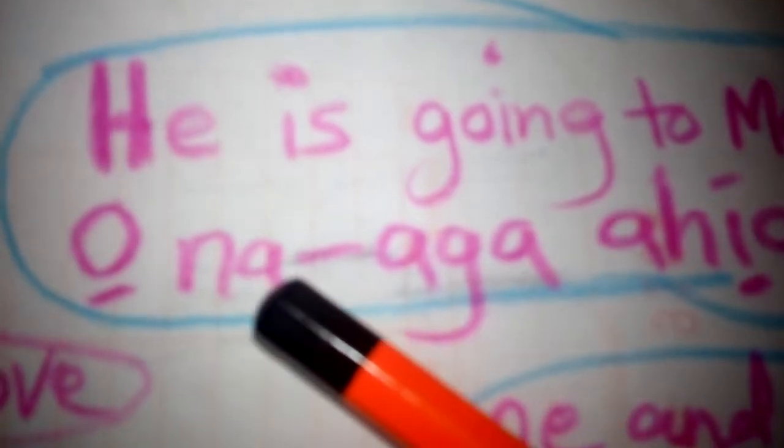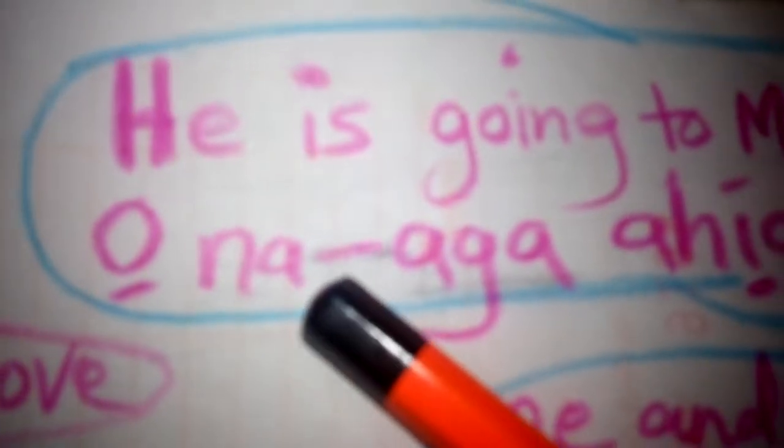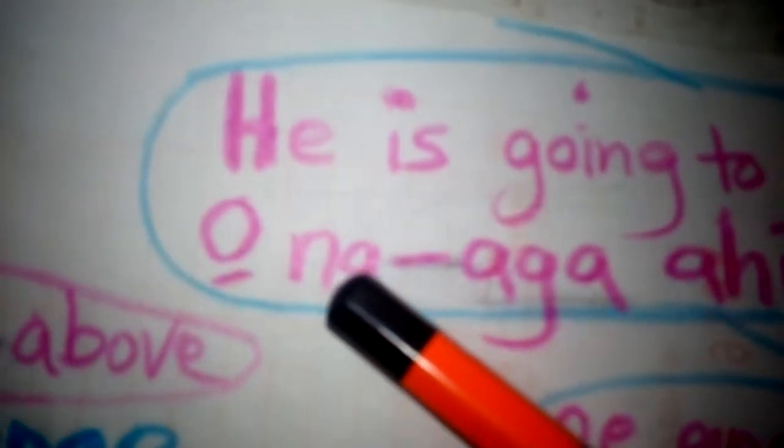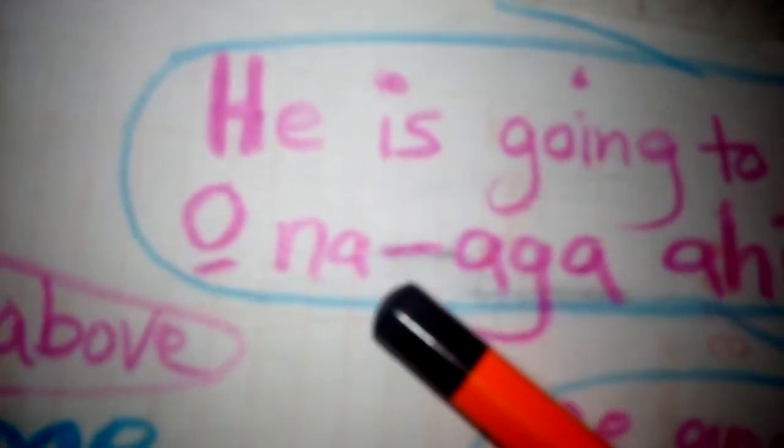So what do you do? Once it's a verb, you must put this dash here in between. That's how to know. Many people don't know why some sentences have this mark. If it's a verb, you must put this here.